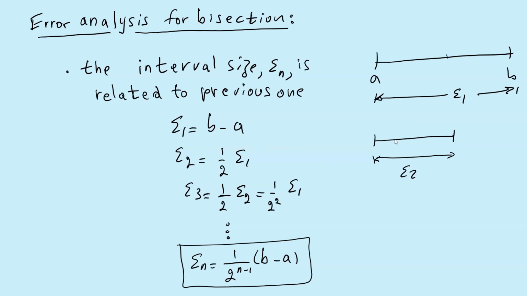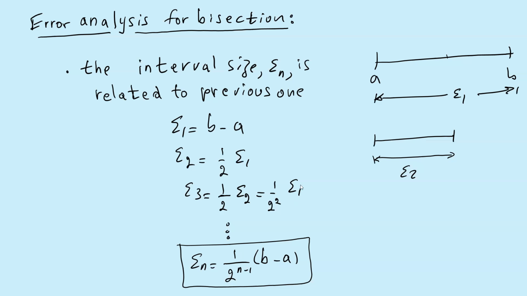And we can say this is half of the error for the first step. In general, the error at each iteration becomes half of the error from the previous step in the bisection method. And if we continue to find the error for the third iteration, we can say it is half of the error for this part, okay?